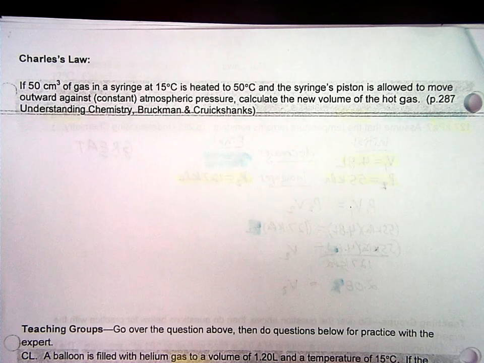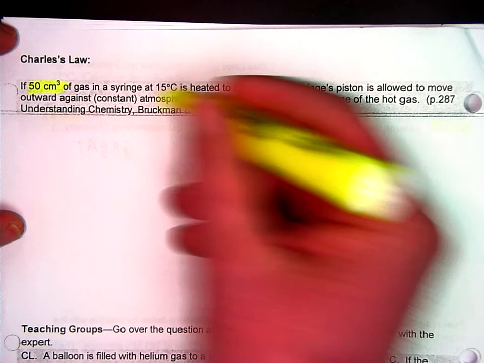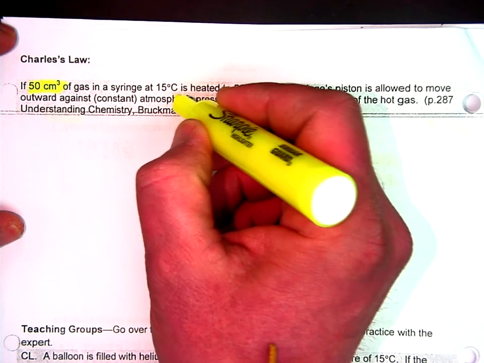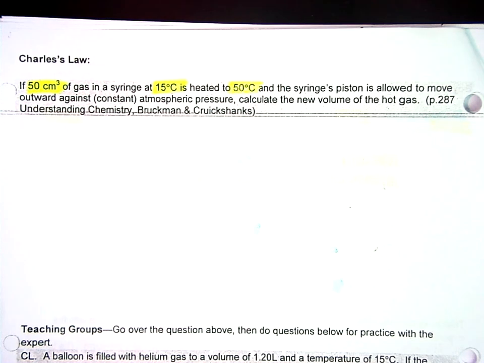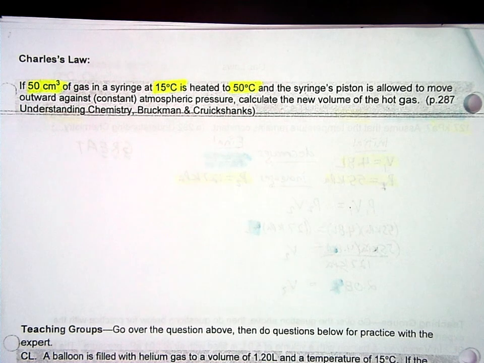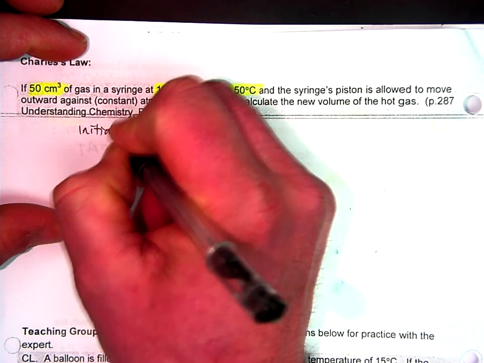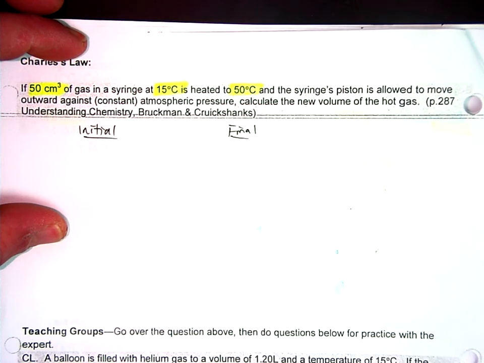So we've got 50 cubic centimeters, and again, you can do a lot of this stuff without even thinking. Temperature's going from 15 to 50. What's the new volume? Okay, so again, initial and final. I like organizing it this way.